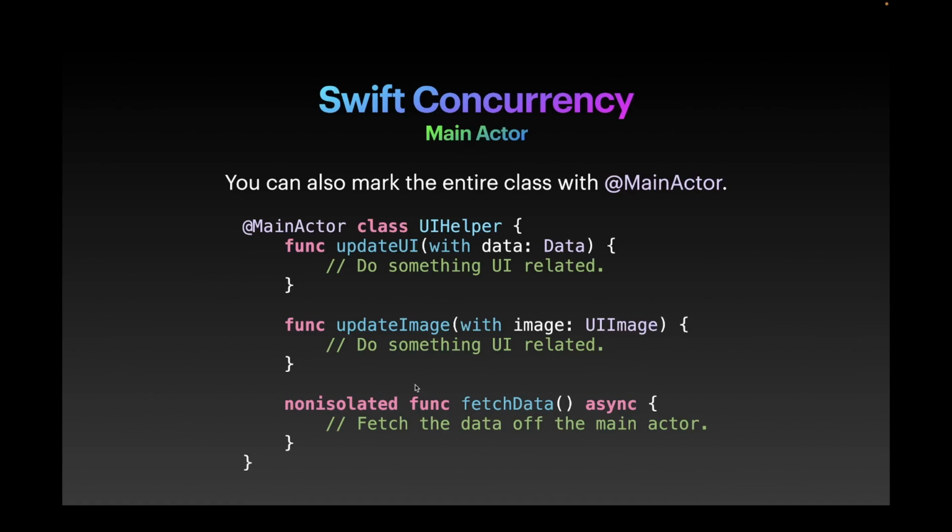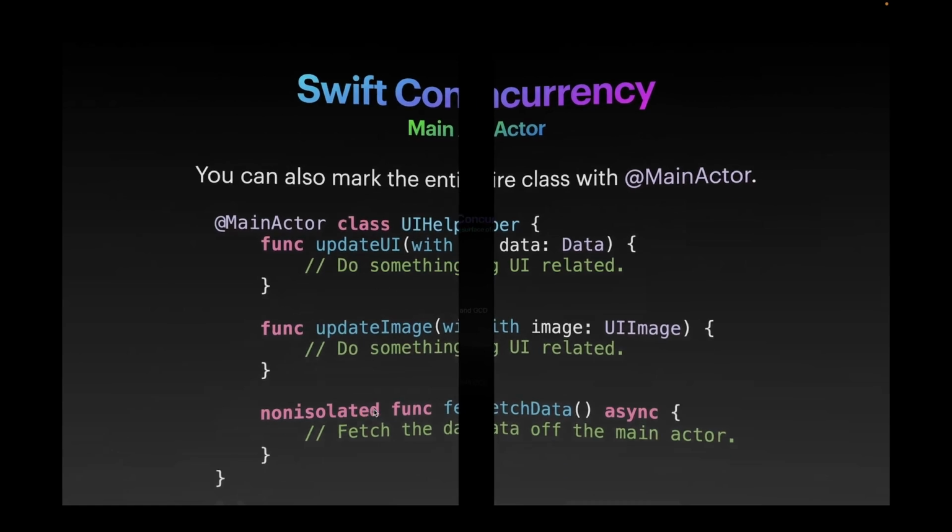So in this UI helper, when we call the update UI or update image function, both functions will run on the main thread because they run on the main actor. However, when we run fetch data, since it's nonisolated, it can be dispatched to some other threads behind the scenes instead of running on the main actor. That's how you use the main actor.